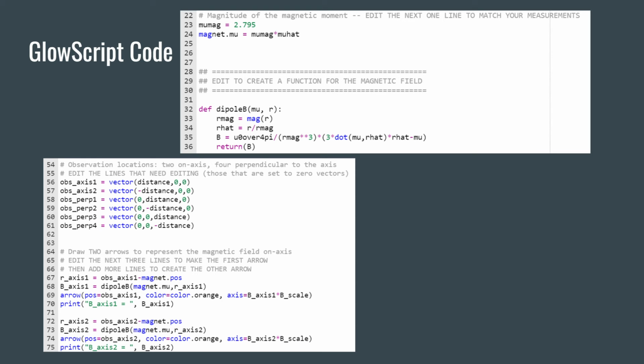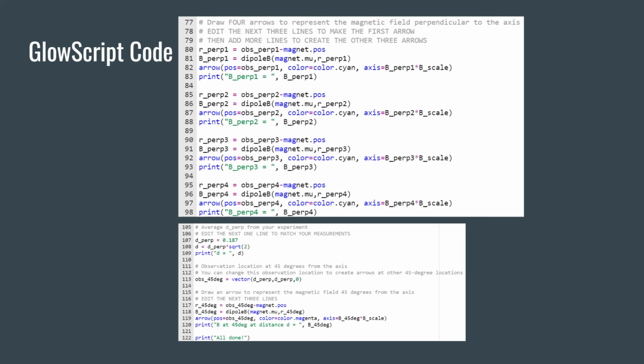I also edited the lines for the two on the axis for perpendicular to the axis. So that's lines 56 to 61. And I also had to edit the two arrows to represent the magnetic field on the axis. So as you can see, I edited for axis 1 and for axis 2.